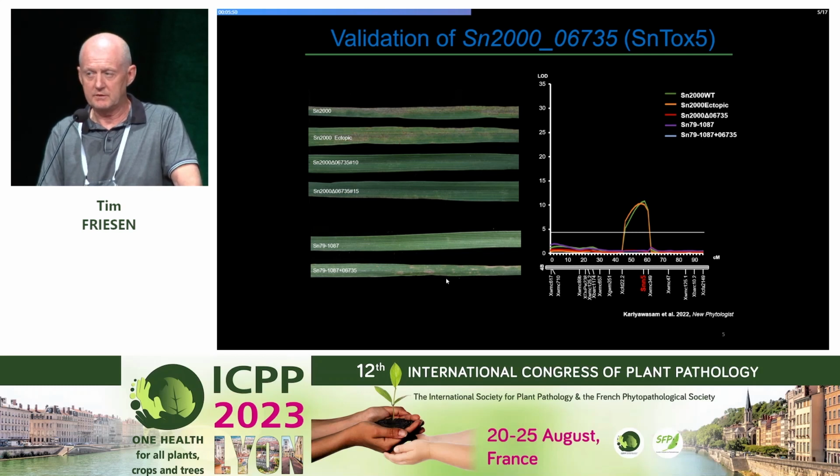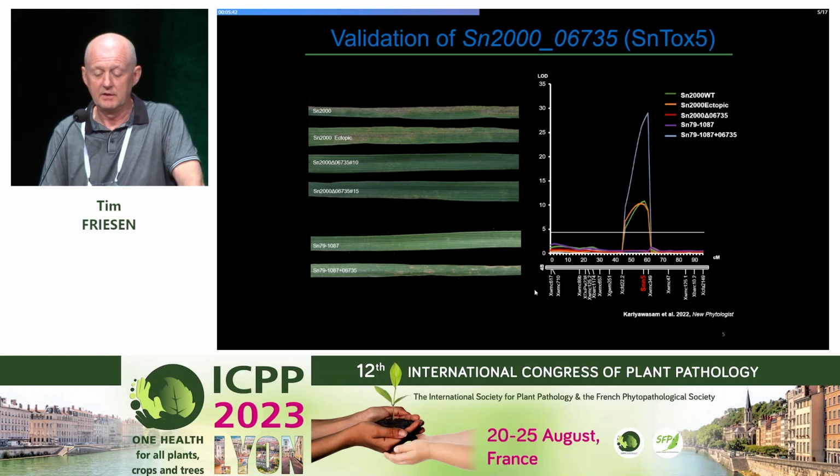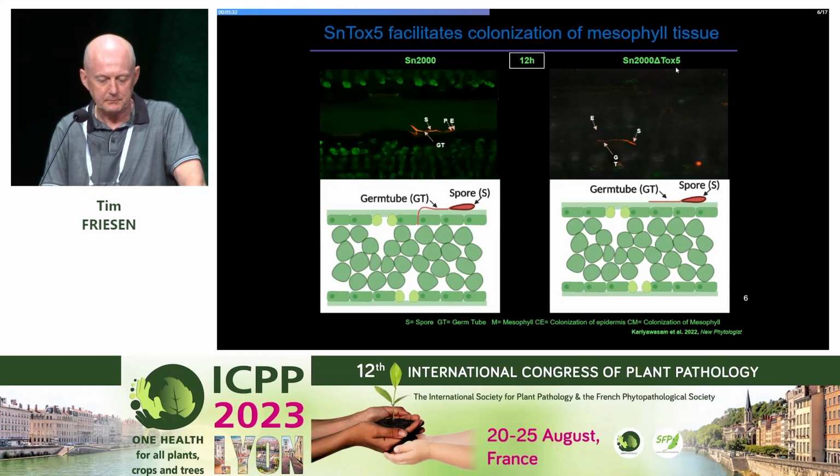But when we put TOX5 back into the avirulent isolate 79 1087, we gain that association with SNN5. So this is pretty good validation that this 6735 is indeed TOX5.